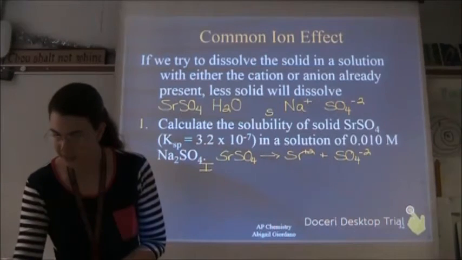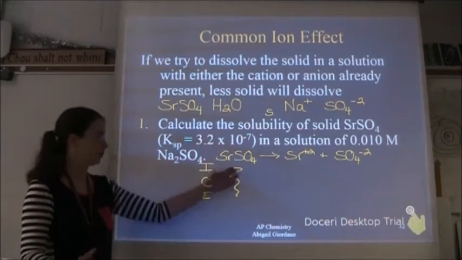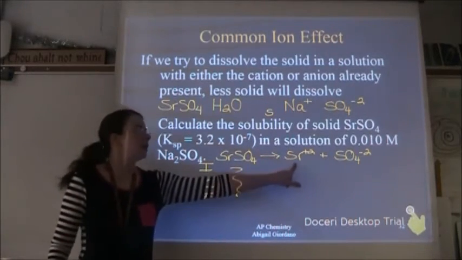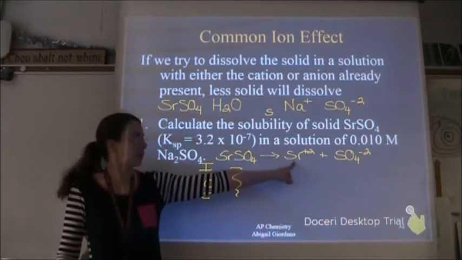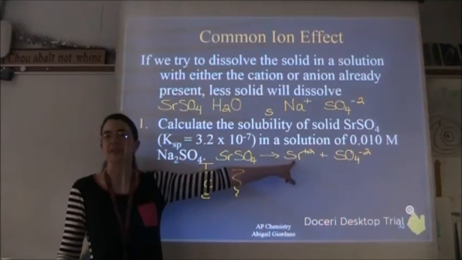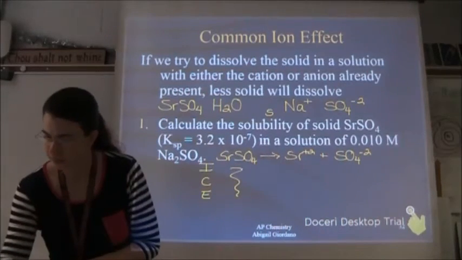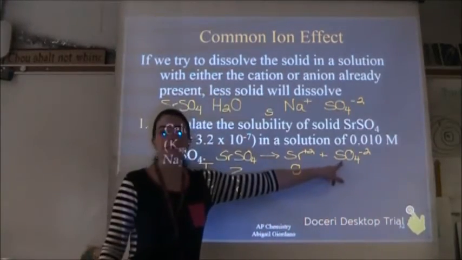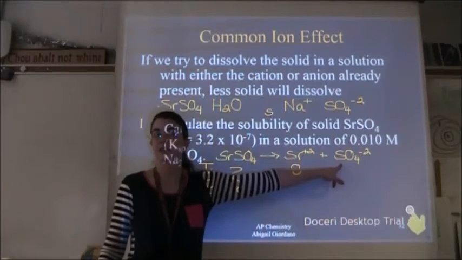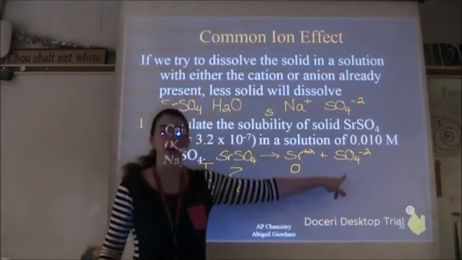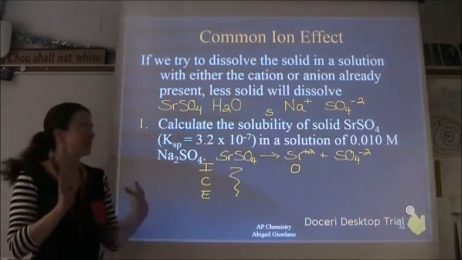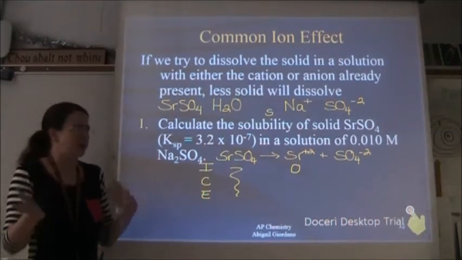Do our little ICE table here. We don't care about solids, we never do. Is this ion right here in my list of major species? Yes or no? Nope. How about this one? Yes. I'm not going to put a 0 there. There is some. Now, if you're wondering, do I put moles? Do I put molarity?